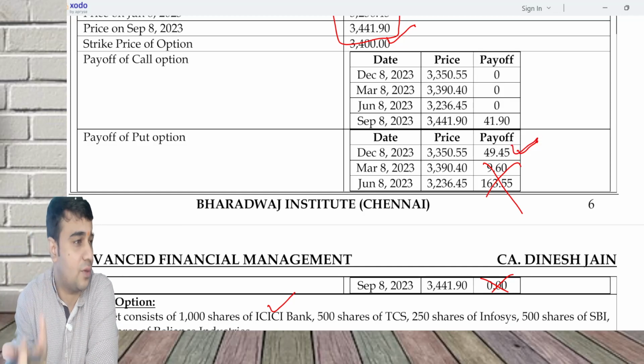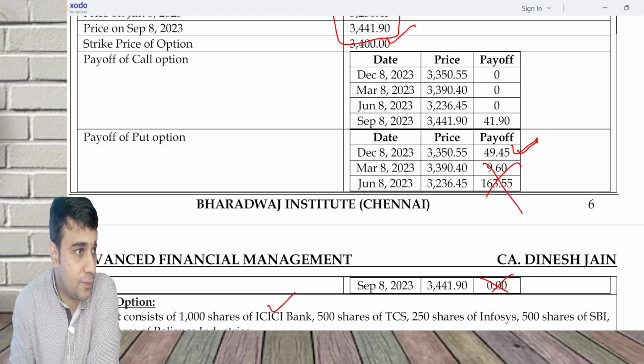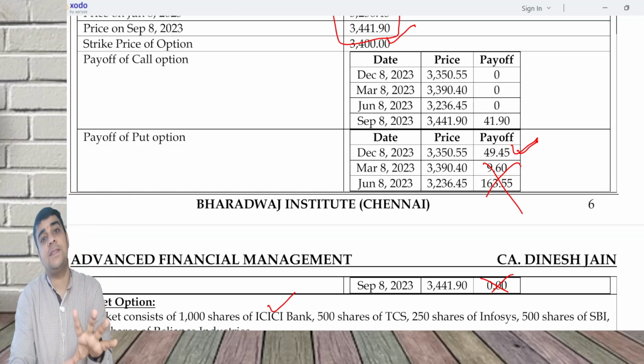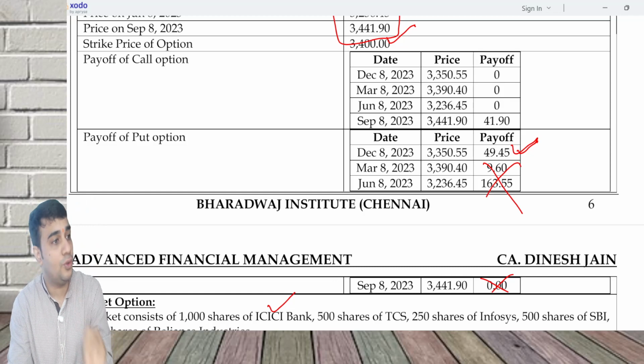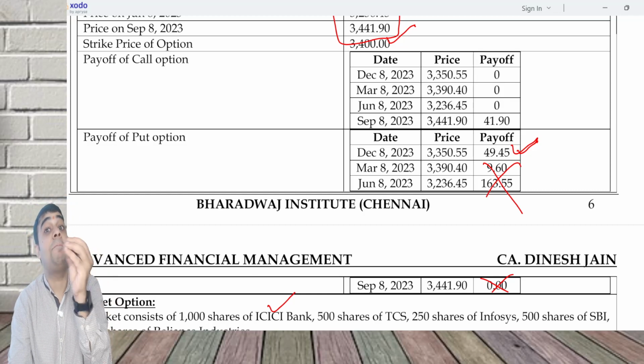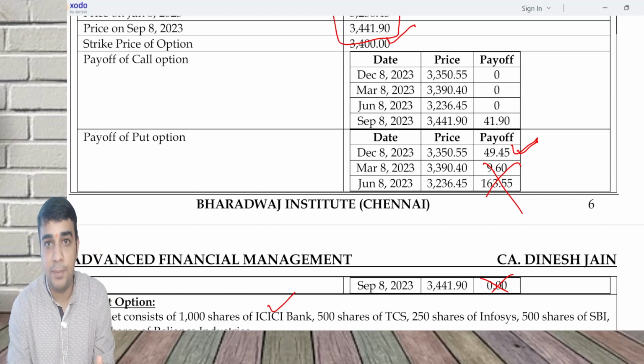That is the terms of the agreement. But the basic thing is very simple here. You are giving him flexibility of multiple dates plus multiple time exercise also. Multiple time exercise or one time exercise depends on the terms of the agreement. So it is a very simple kind of option.